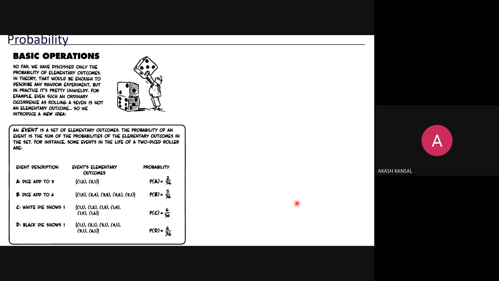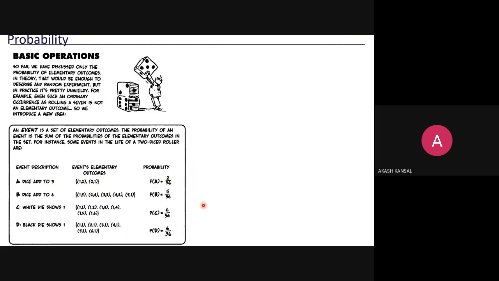The elementary outcomes of event A, where the sum of the numbers on the dice is 3, are (1, 2) and (2, 1). The probability of the event is the probability of these elementary outcomes, which is 1 by 36, 1 by 36. So the probability of event A is 2 by 36.